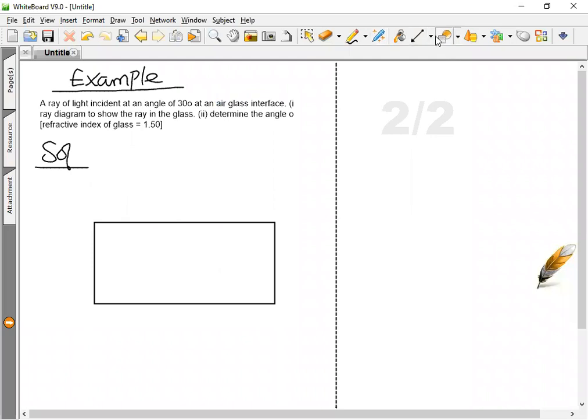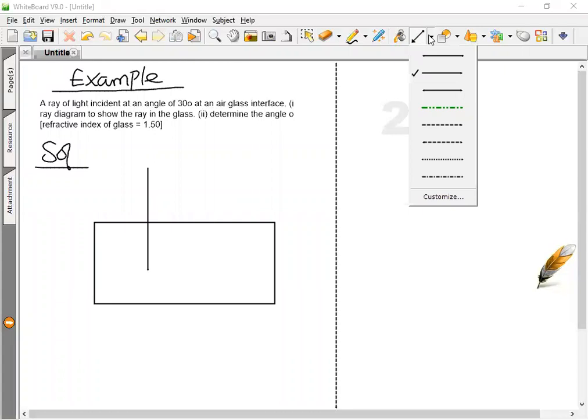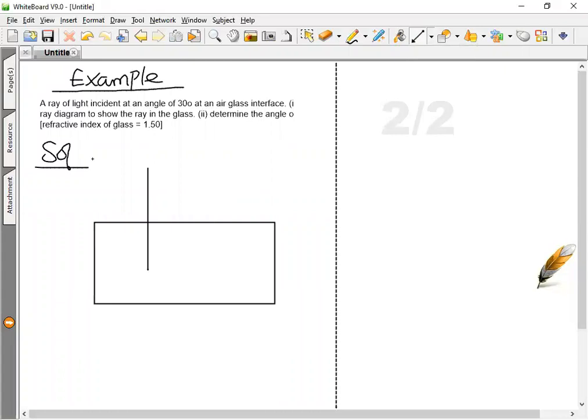Let's quickly do that. The first thing to be done, let's get our normal drawn. I want to have my normal here. Then my incident ray. Let me draw my incident ray. You know, you're just sketching. You're not actually measuring the angle. Okay. Solution.